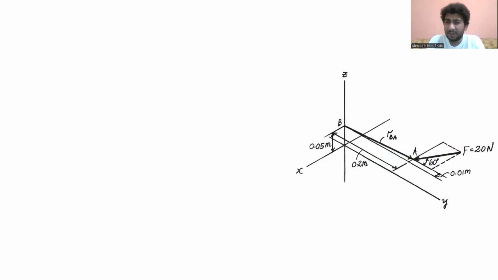So you see, this is the free body diagram. And you see, in this free body diagram, this 20 Newton force makes an angle of 60 degrees with the y-axis. So in the y-axis, we have the cosine component, and in the x-axis, we have the sine component.